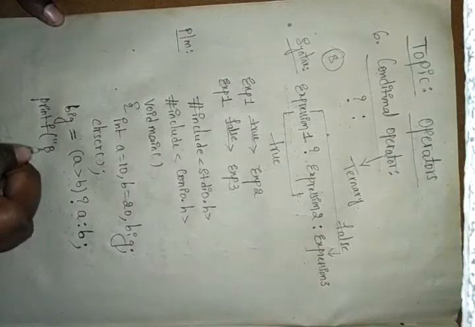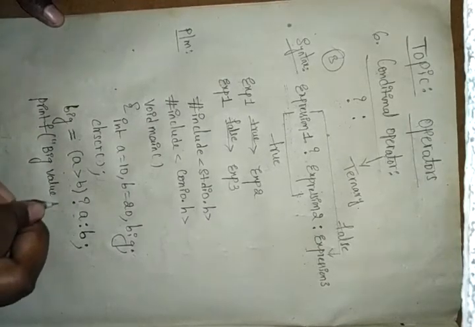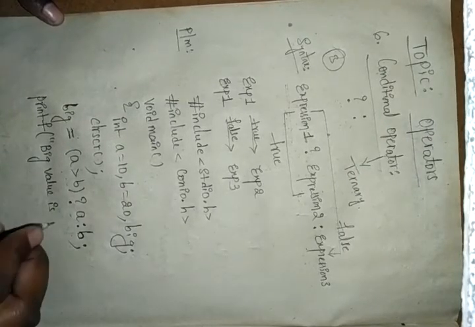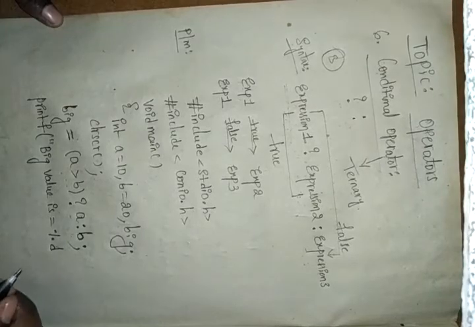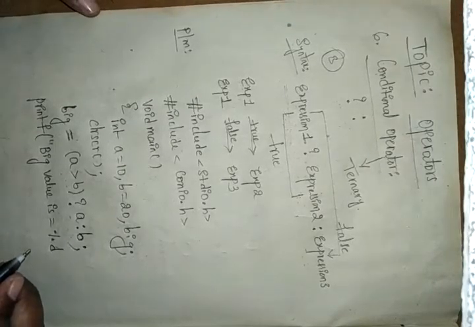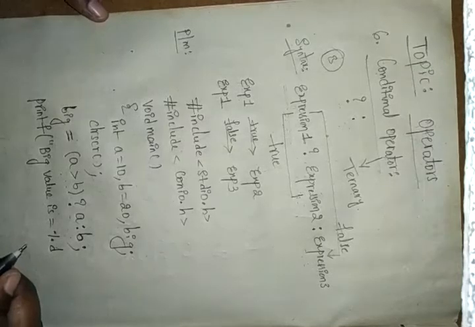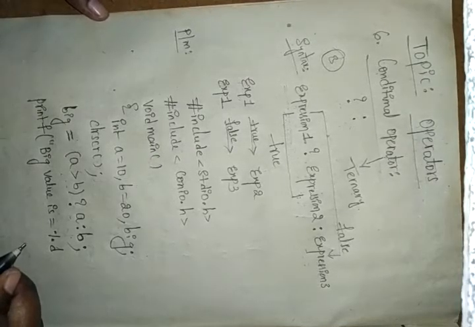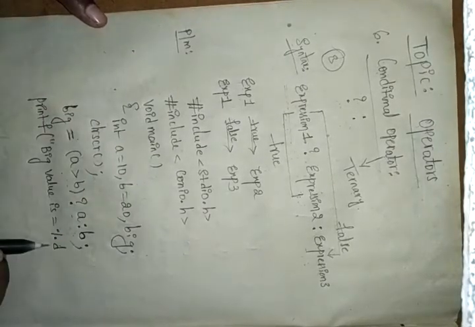Next, "Big value is". Okay, percentile d. So why am I always writing percentile d? Percentile d is the specifier, the integer specifier. If you are writing int, you have to take percentile d.